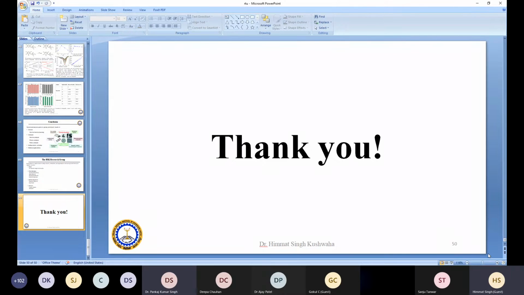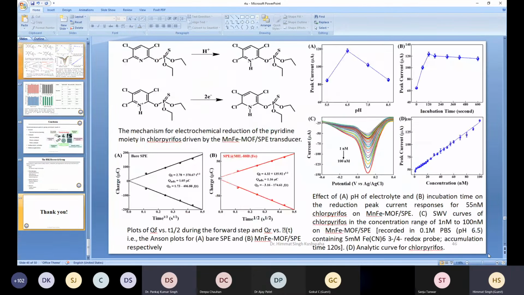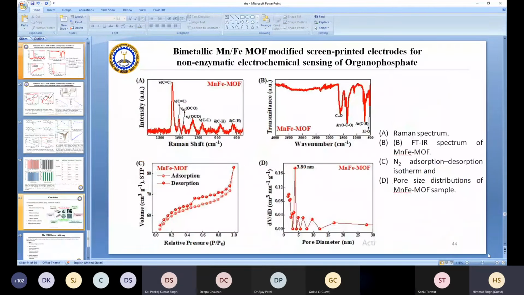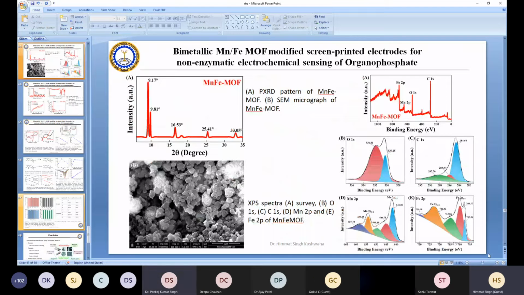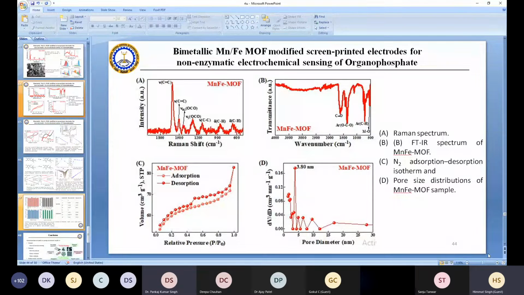And regarding this cyclic voltammetry, the question is how we can say it's correct. Mainly the cyclic voltammetry will give you the oxidation and reduction peak of the element, which is either present in the electrolyte or present in your catalyst.